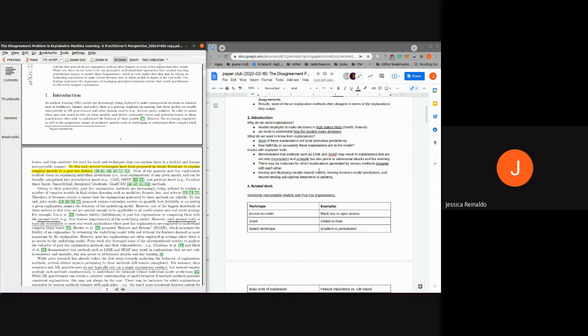These explanations can be inconsistent or unstable and can be prone to fairwashing. Fairwashing is when you use one of these explanations to try to say, well, my model is fair, or my model is not racially biased, but you're not doing the correct analysis on that, so that is not the conclusion you can make.